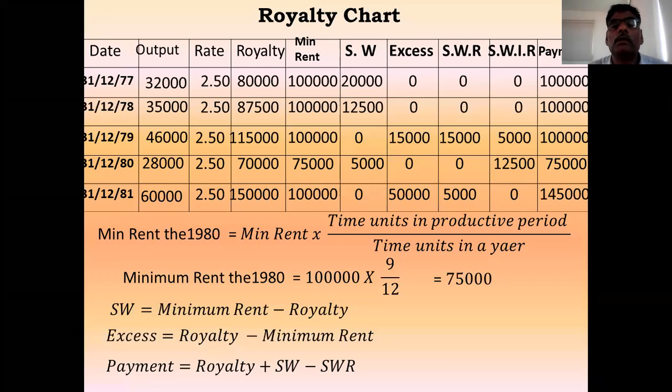Join the entry and pass the entry. Remember 3 entries. First entry is royalty account debit to lessor account. Second entry, lessor account debit to bank. Third entry, P&L account debit to royalty. The narration is the same.